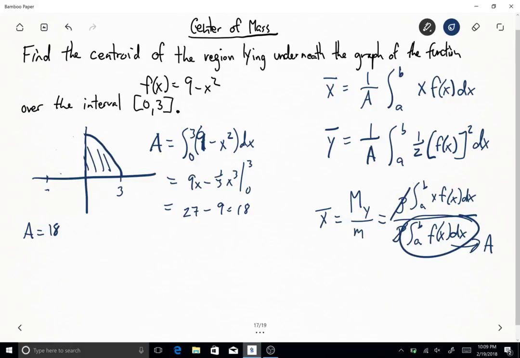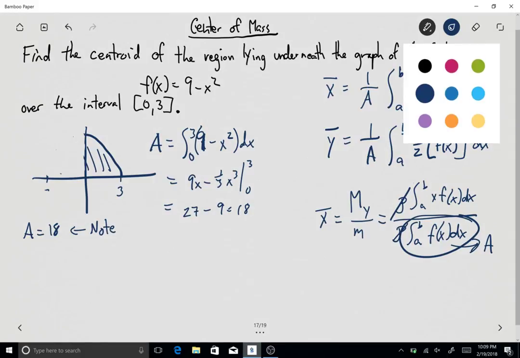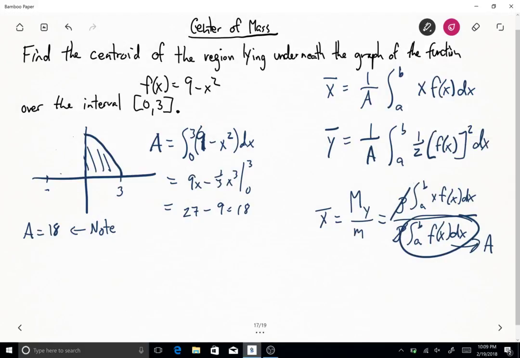Okay, so this is a little side note. Now let's switch up the colors. How do we go about this? Now we'll start with the x bar. So that's going to be 1 over 18 times an integral from a to b, so 0 to 3, x, and we want f of x. Well, what is f of x?